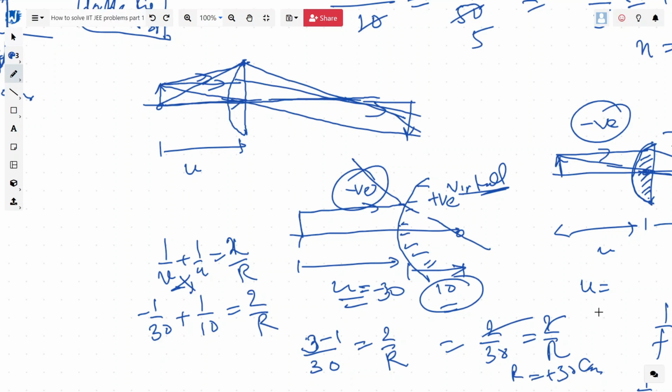So now we know the value of R, which is plus 30 centimeters.